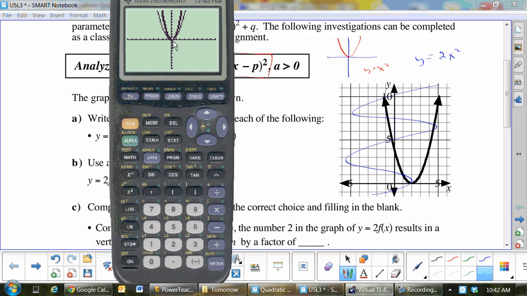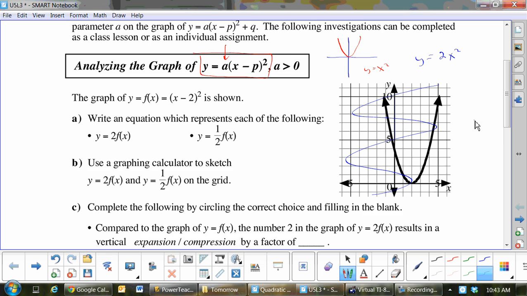Now, that's kind of weird. We don't call it stretch when we squish down on it. That'd be like a squish, right? But we're going to call it a vertical stretch either way. Now, if it's stretched like this, that's when A is greater than 1.